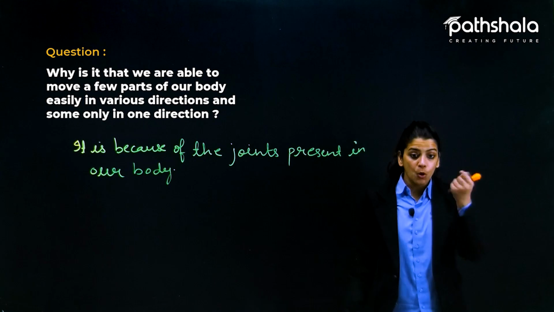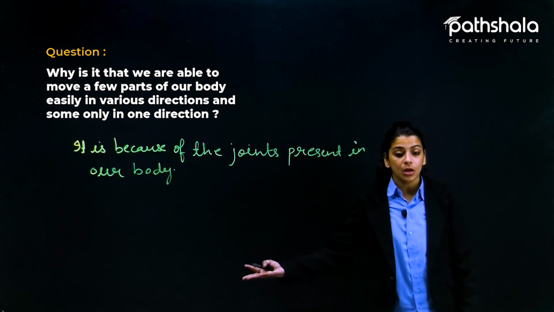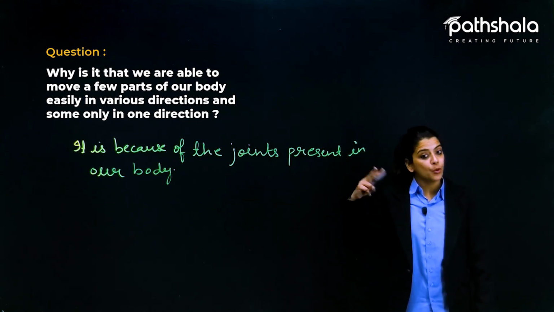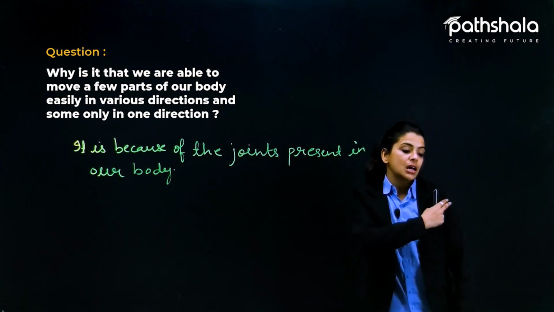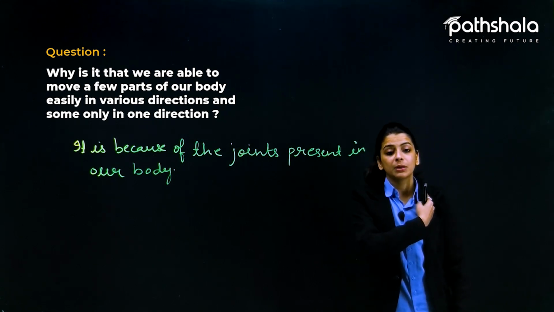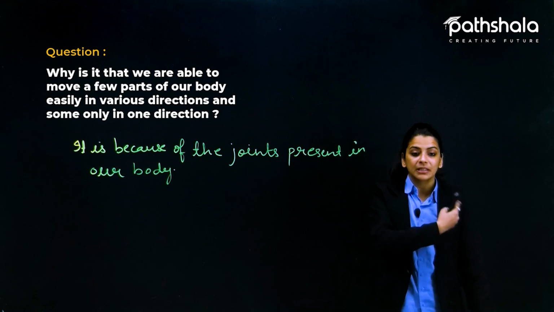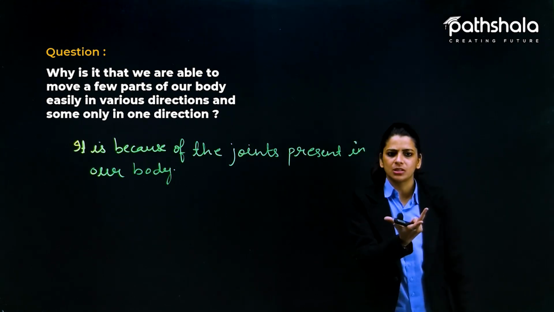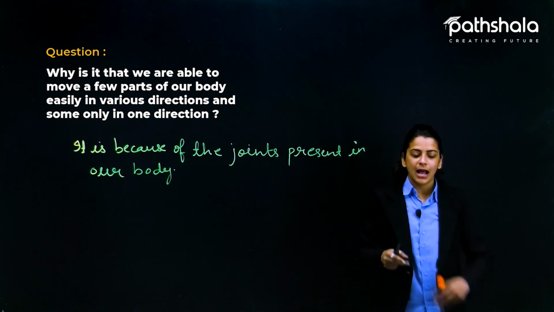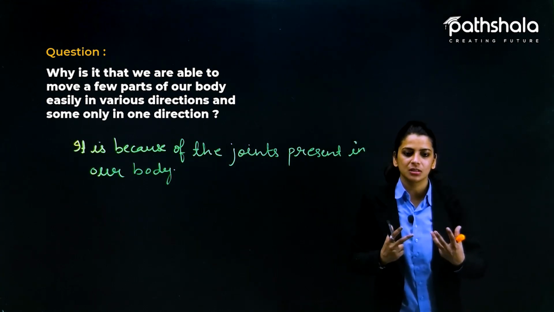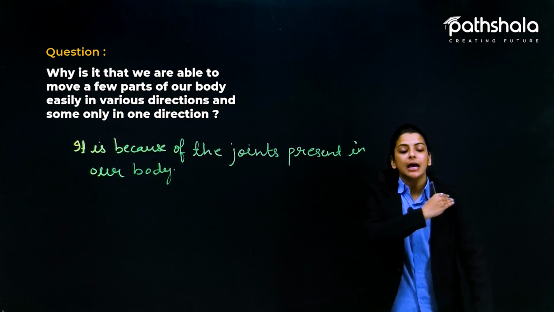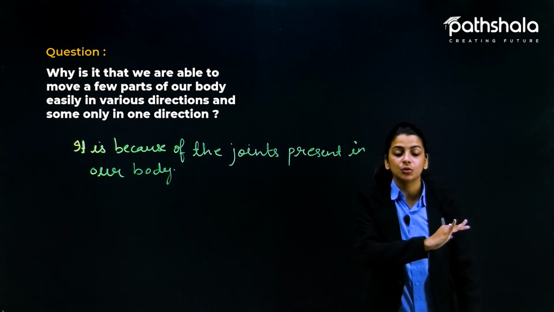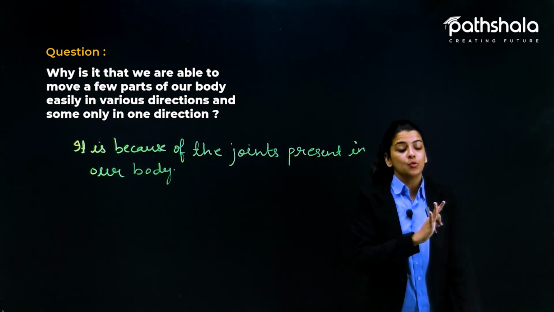Because of the bones that are present in my body. So जहां से दो बोन्स ज्वाइन कर रही हैं, for example यहां से मेरी आर्म की बोन ज्वाइन कर रही है मेरी बॉडी पे, सो ये क्या बन गया? जॉइंट बन गया. So this is some kind of joint, which we will study later. I am just trying to explain in general terms for now that some kind of joint is present in our shoulder, because of which we are able to move it.